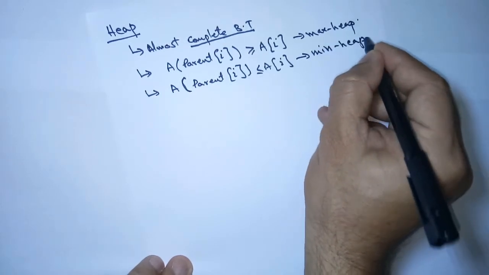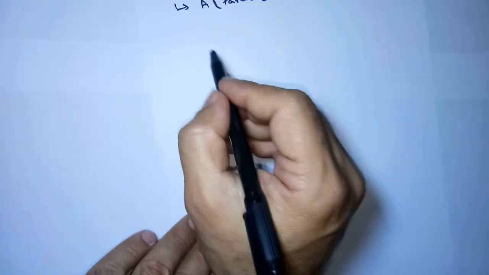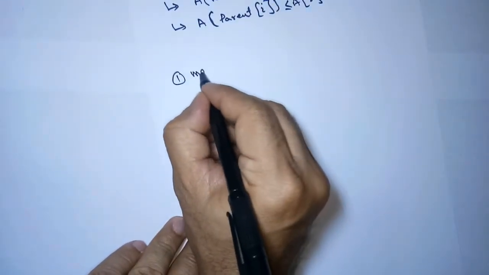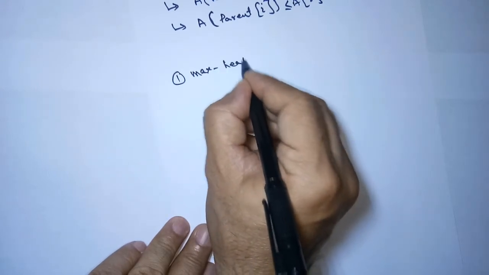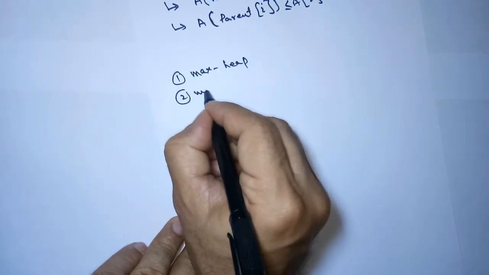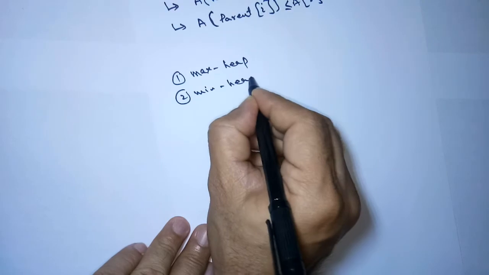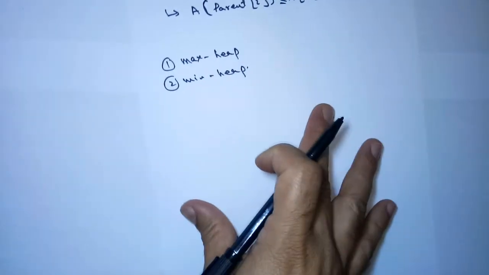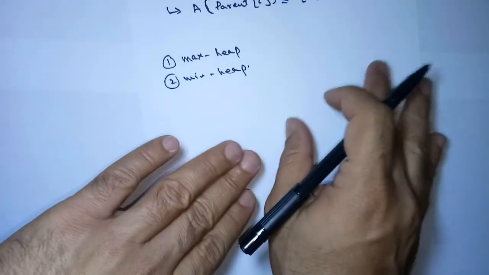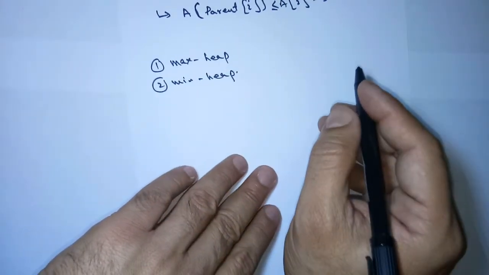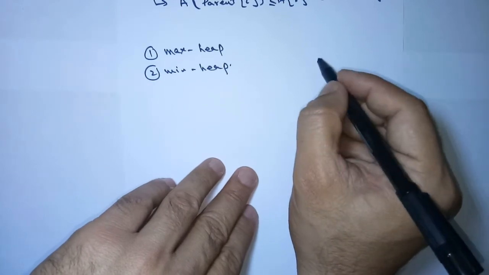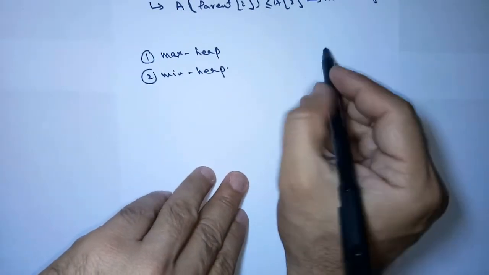What does it mean? It means we have two types of heaps. One is called the max heap, and the other is called the min heap. What is the max heap and what is the min heap? In a max heap, let me just draw it.